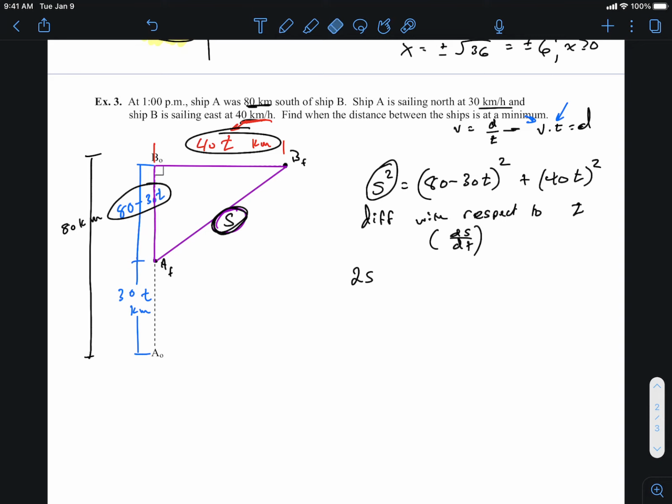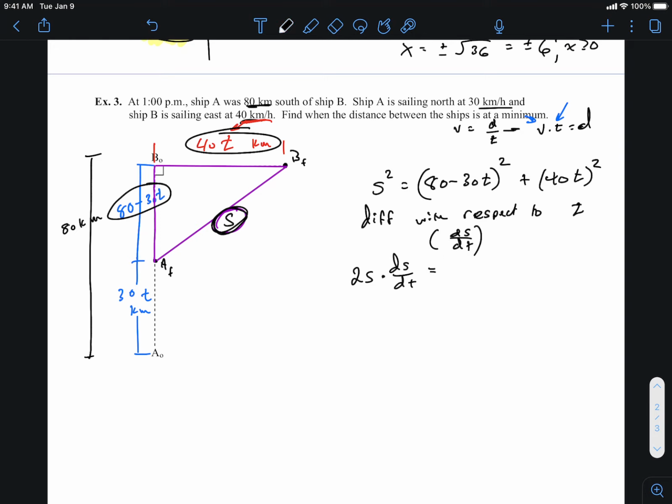So this was a part of implicit differentiation. We have to treat this like a chain rule. So I bring the 2 down to 2S, but because there is no t, I actually have to multiply by dS by dt. It's like the chain rule.